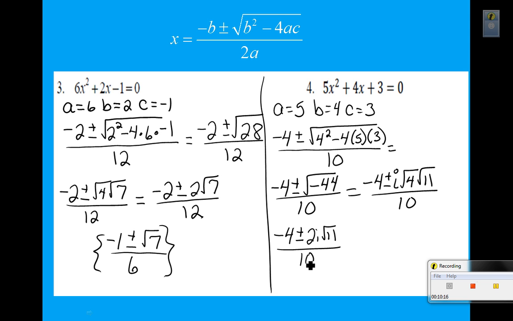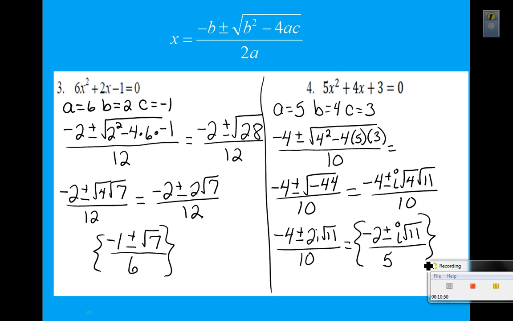Normally we'd be done, but see the 4, the 2, and the 10? I'm looking for a number that goes into all three of them, and a 2 does. So here's my final answer. Negative 4 divided by 2 is negative 2 plus or minus 2 divided by 2 is 1. I still have that i, I still have that radical 11, all over 10 divided by 2 is 5.